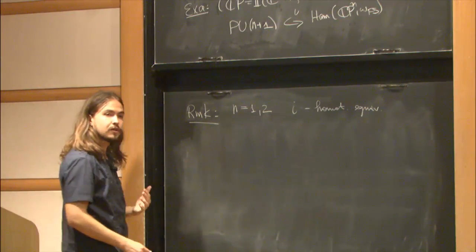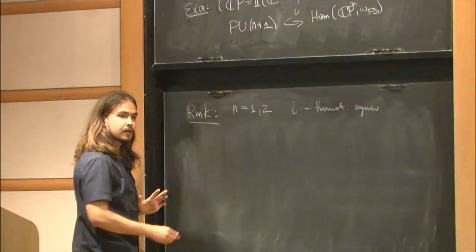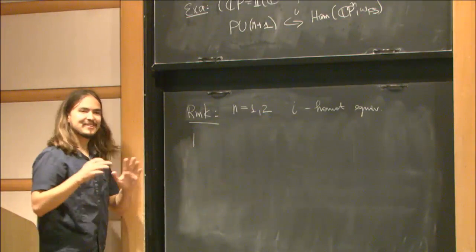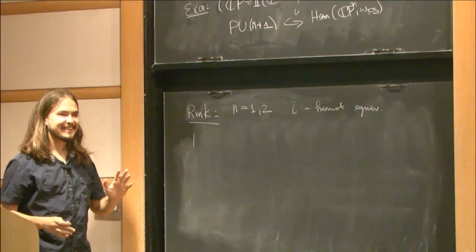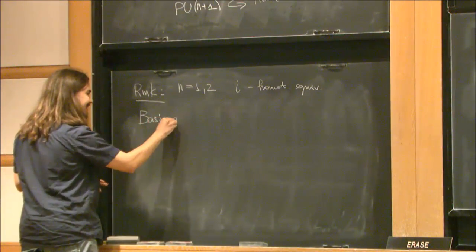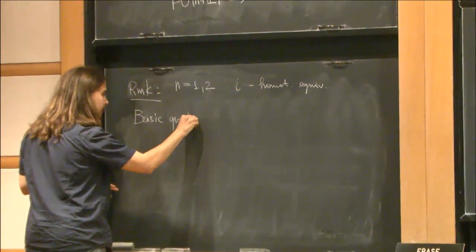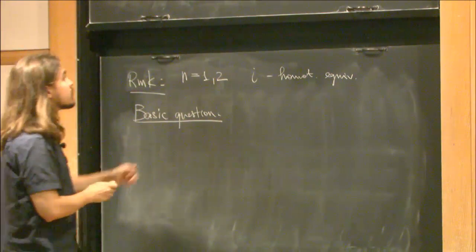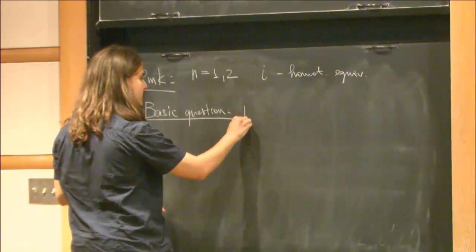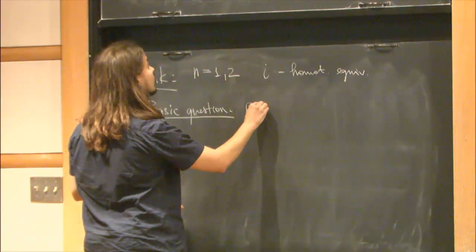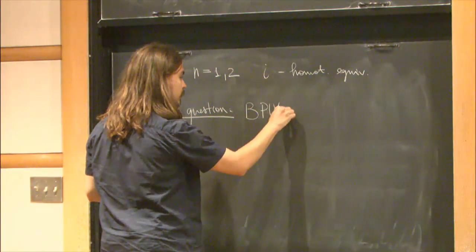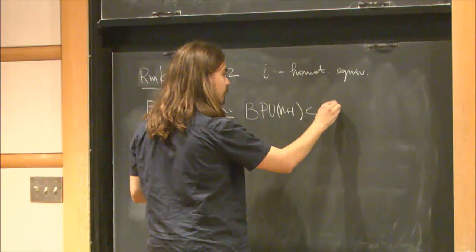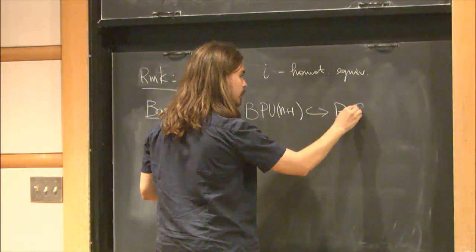Okay, so here's a kind of basic question. Consider the map on classifying spaces that this induces, BPU(n+1) into BHam.